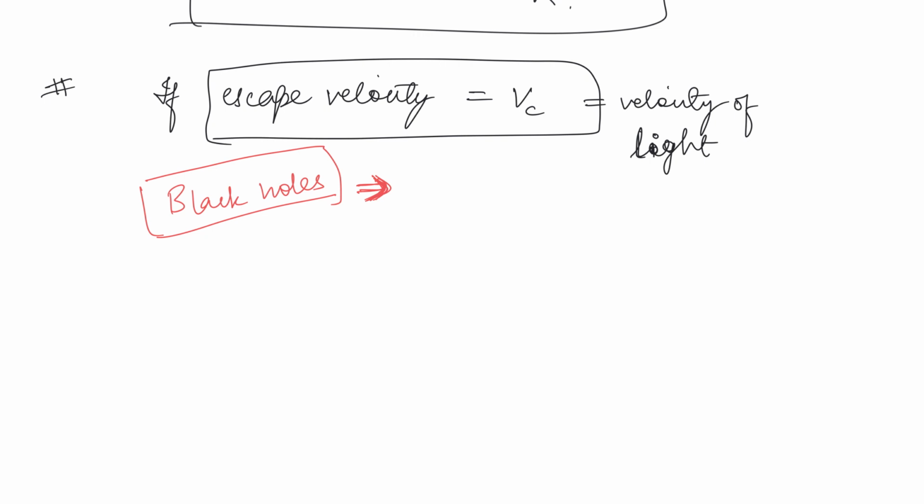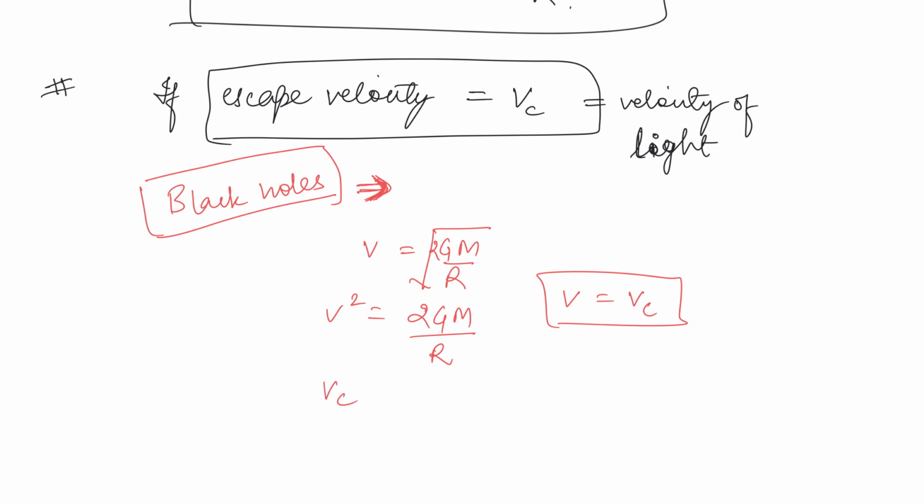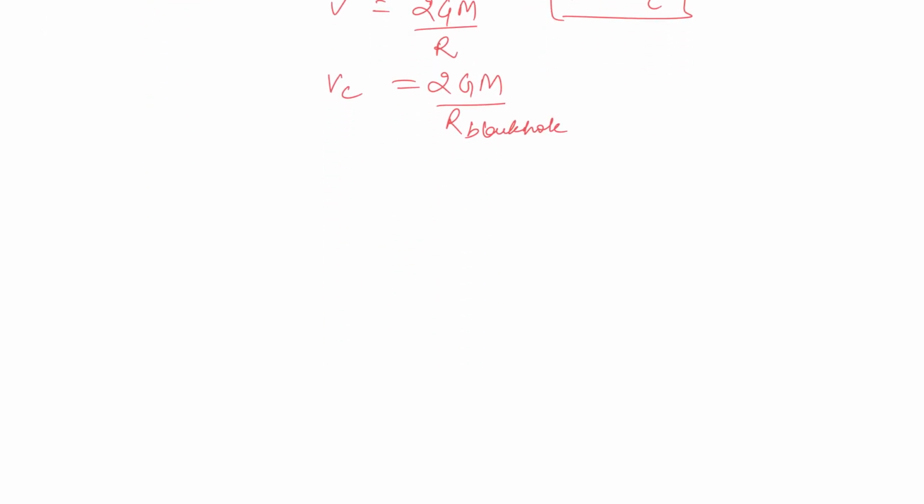So from this we can write, instead of v as the formula, v² will be 2GM/r. Let's suppose that v is the velocity of light, then the radius of the black hole can be calculated. So what will be the radius of the black hole?